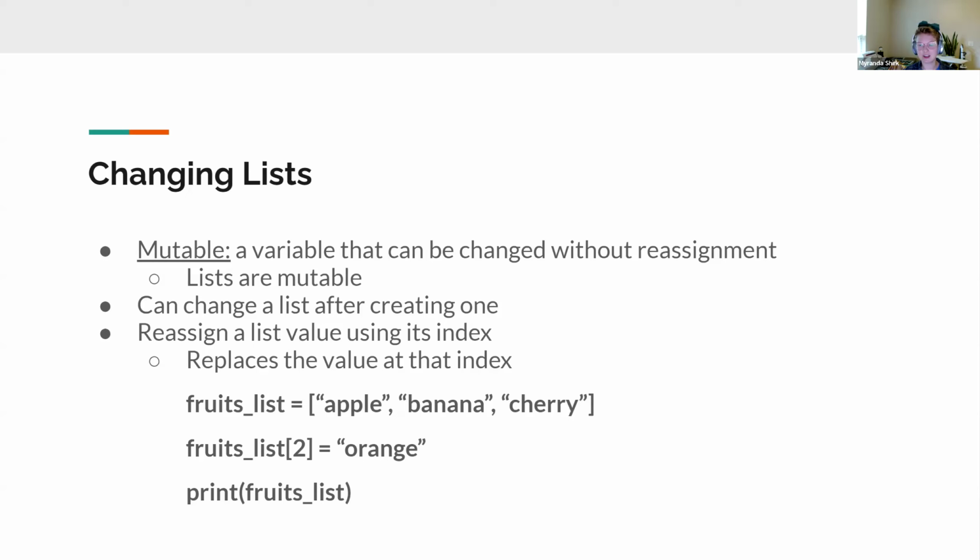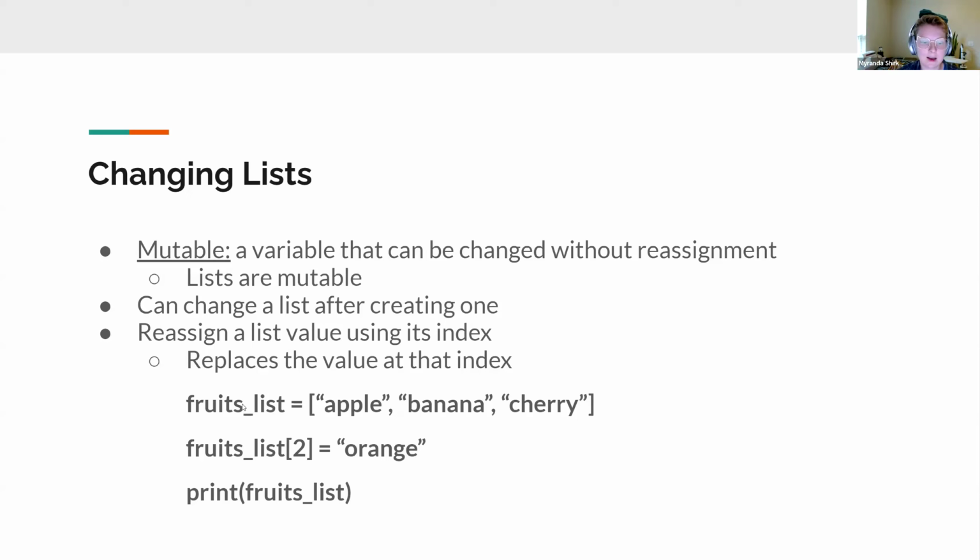So your list object is still going to be the same variable, but you can change it. If that went over your head, that's okay. I'm saying it for people who have maybe taken another programming language where you can't change lists after you create them. So we can look here at an example of reassigning a list value using its index.